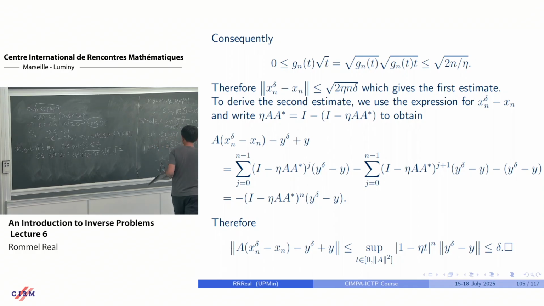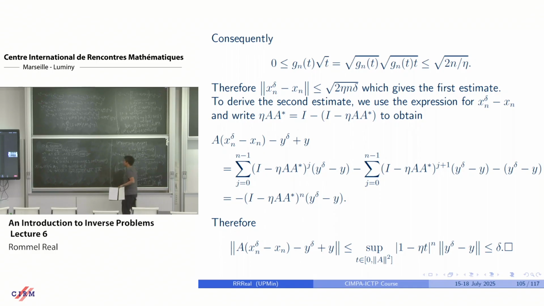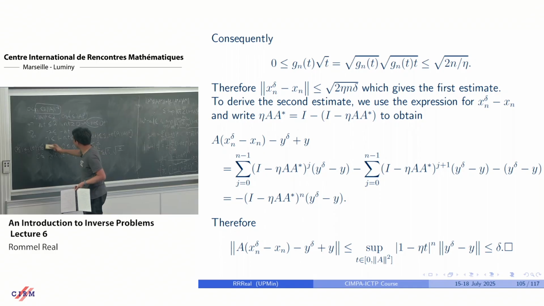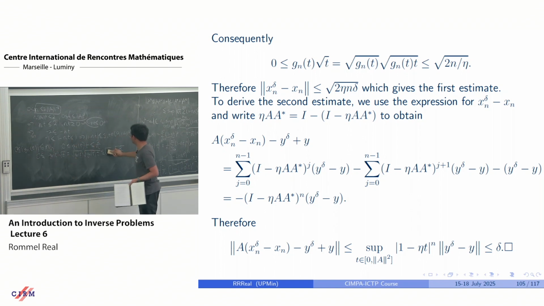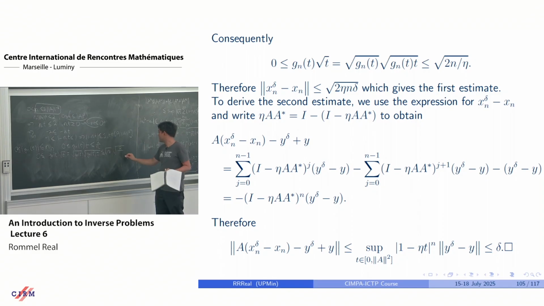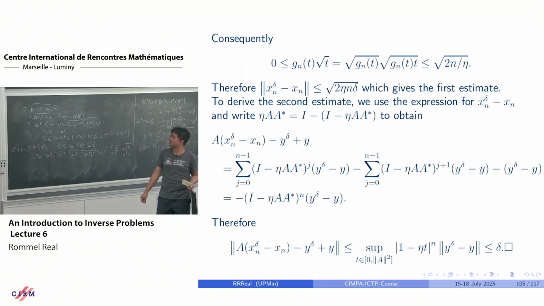Sorry, I think I messed up my notation. Sorry, guys. This is n. Why did I use confusing notation? So that's equal to square root of 2n over eta.